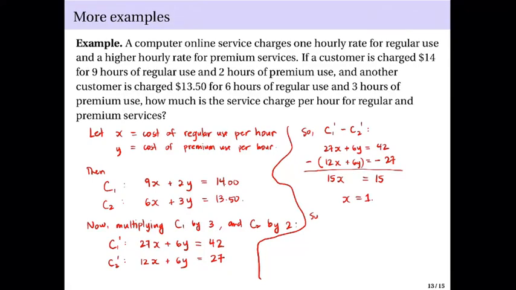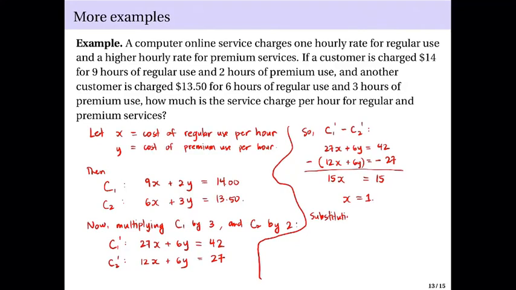So substituting x equals 1 into equation C1, we get 9 times 1 plus 2y equal to 14, or 2y equal to 14 minus 9, and 14 minus 9 is equal to 5.